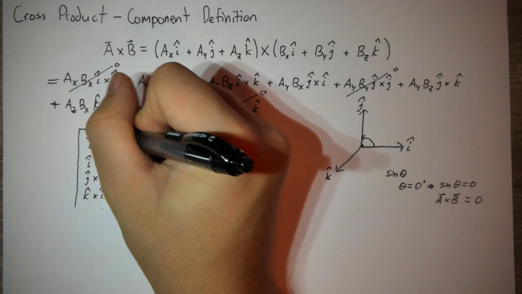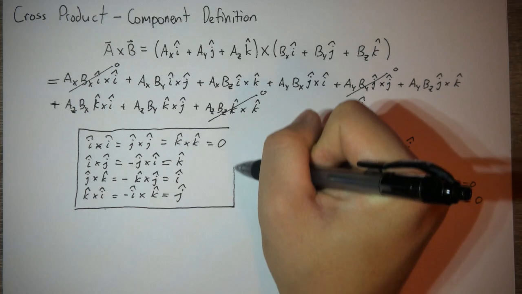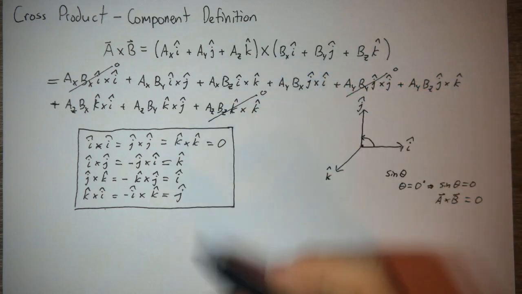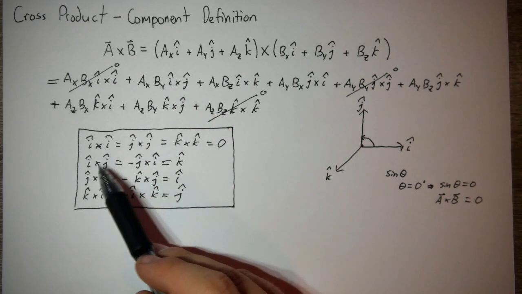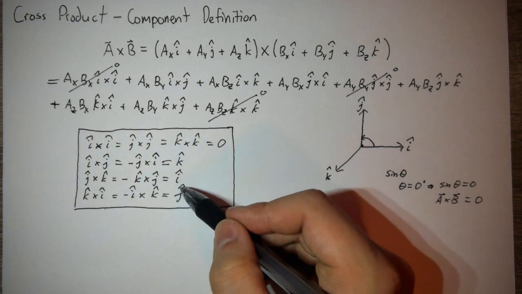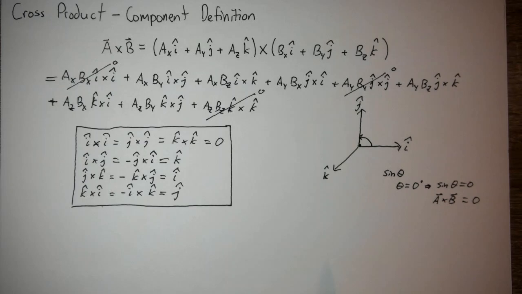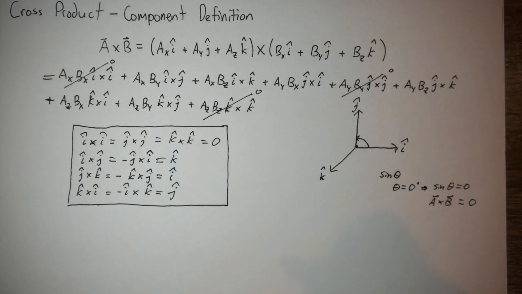And so these are kind of the equations, if you like, that we can use to reduce this. Of course, if you take the negative of these, then you get negative k, negative i, negative j.